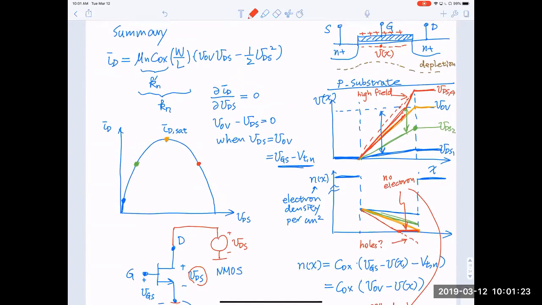So even though we don't have electrons here, we still have a lot of electrons in this early part. These electrons will be accelerated towards the drain at high velocity because of the higher field. Just like in a vacuum tube, you have electrons in space, you put a voltage, the electrons will accelerate to the biased electrode.